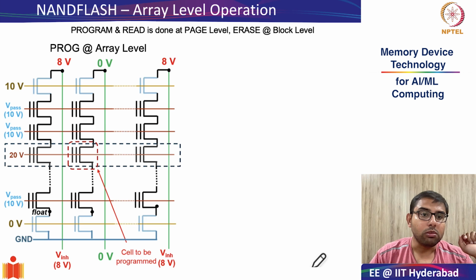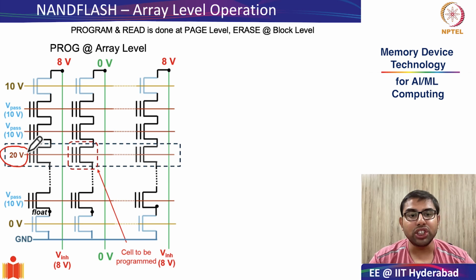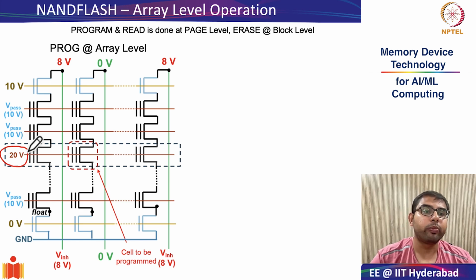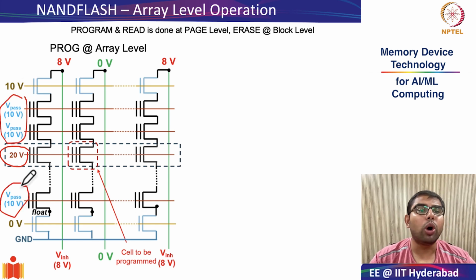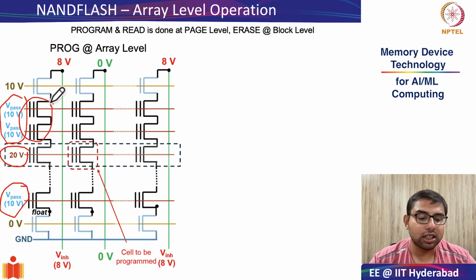In the program cycle, while the word line of the appropriate page was given a very high voltage of 20 volts, the remaining word lines were just given enough voltage to allow the bit line voltages to pass through. Just enough to turn on these transistors.